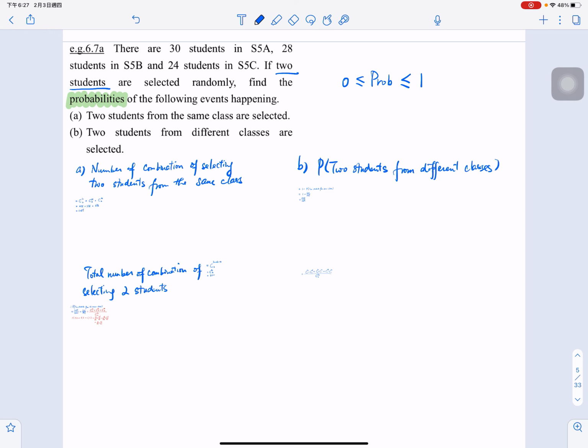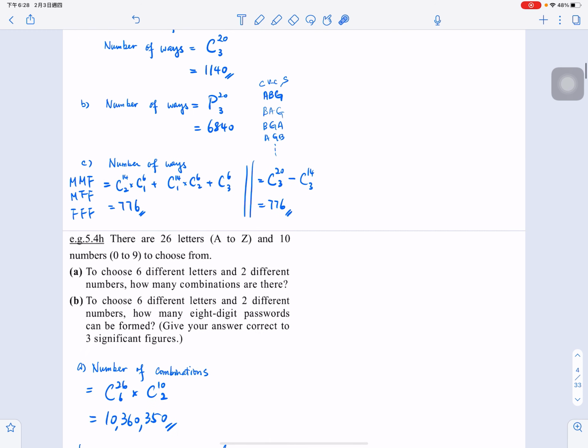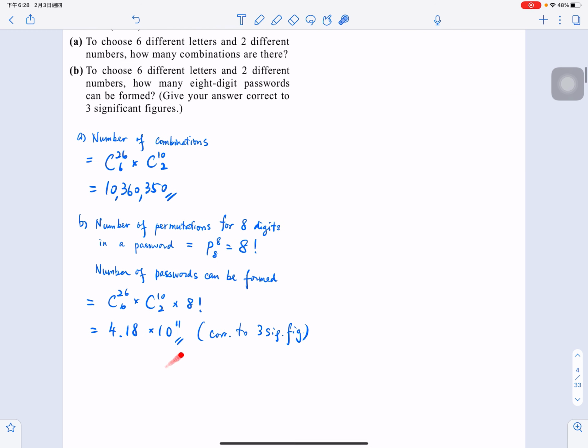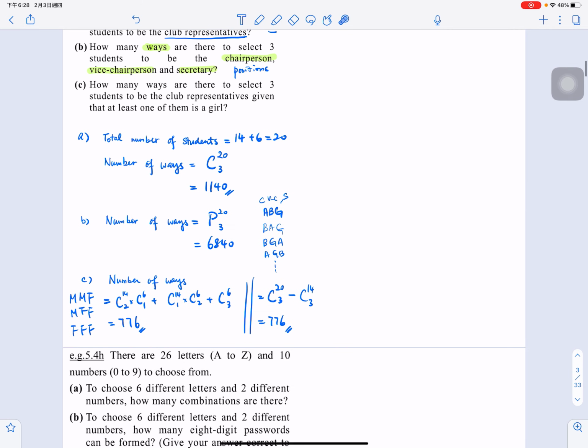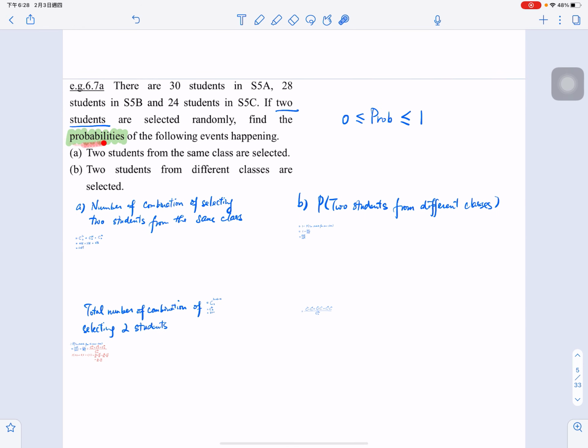Just now, all of them were combination and permutation questions, so you would see very large values, maybe up to 1,000 or a million. But now, it's a probability question.